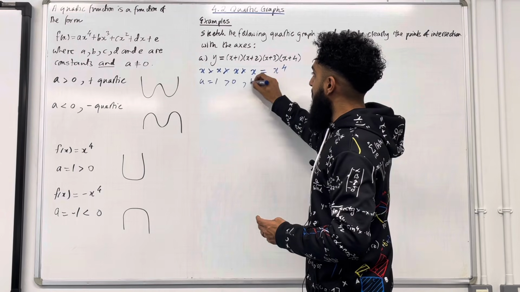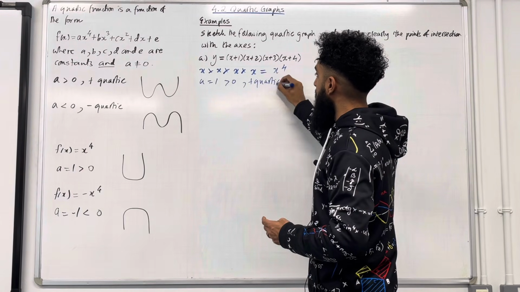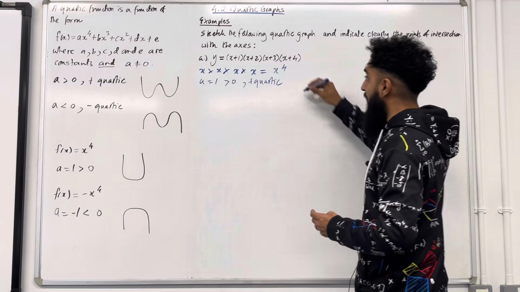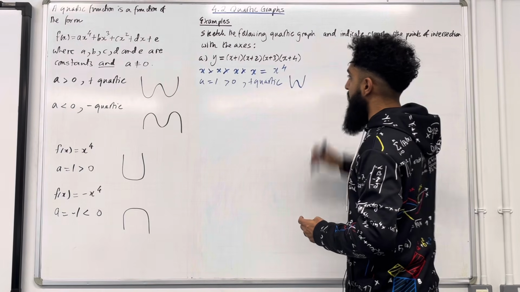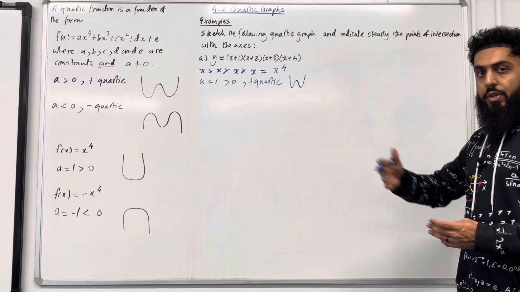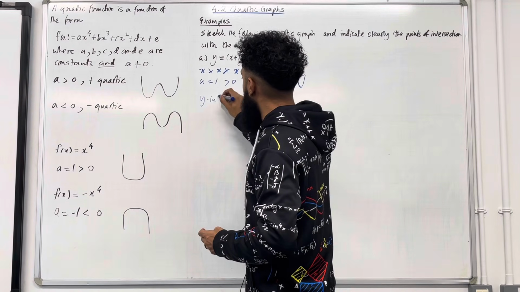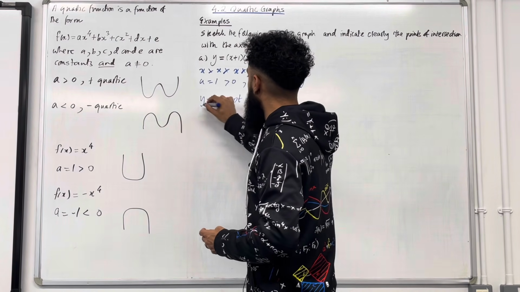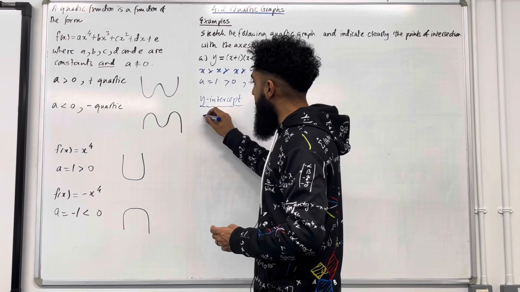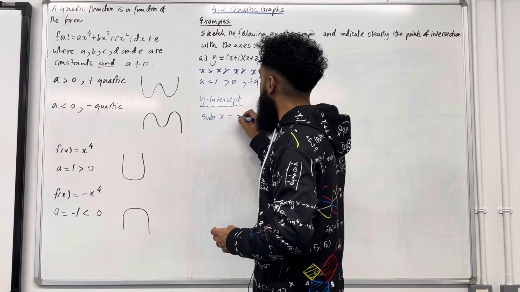So we have a positive quartic, and therefore we can conclude that the shape of the graph is a W shape. Now I'm going to go ahead and work out the y-intercept. For the y-intercept, I need to substitute x equal to 0.